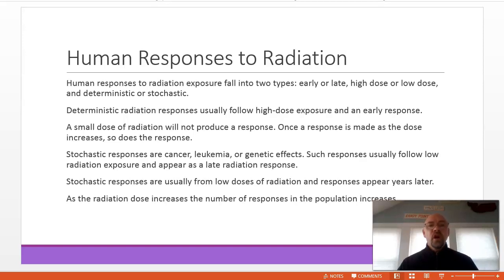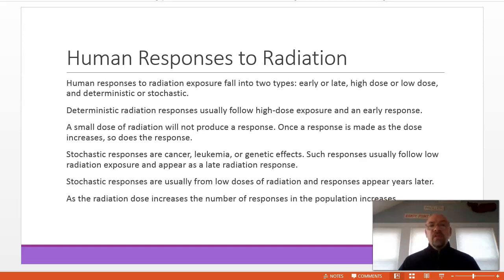Now, one thing you should know is that with deterministic, as the exposure increases, so will the response. So in other words, if you keep hitting that button and the X-ray tube is right up against the person's body using a C-arm, as you increase the exposure, the burn is going to get worse. It's going to make a worse burn, a higher burn.